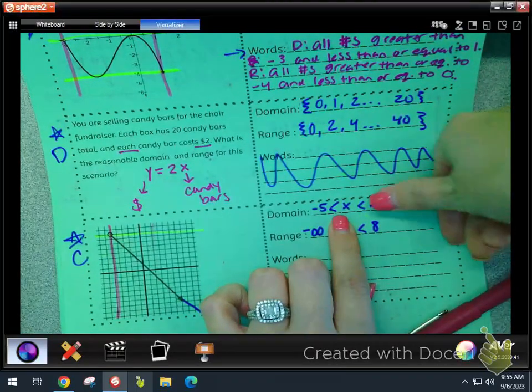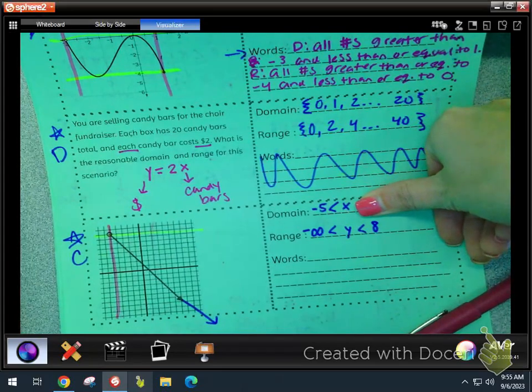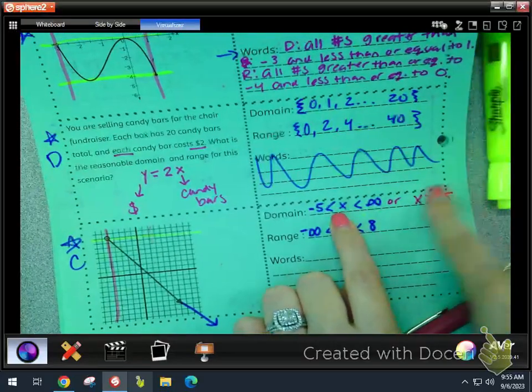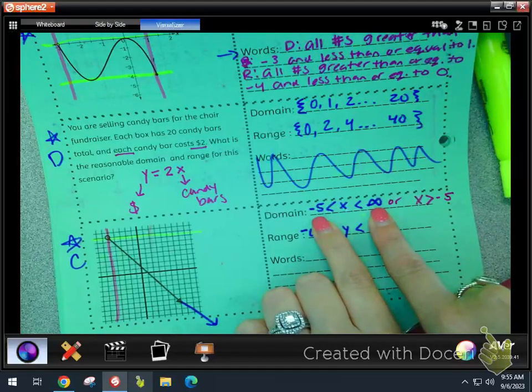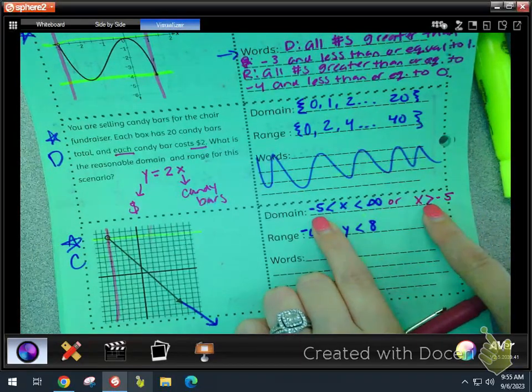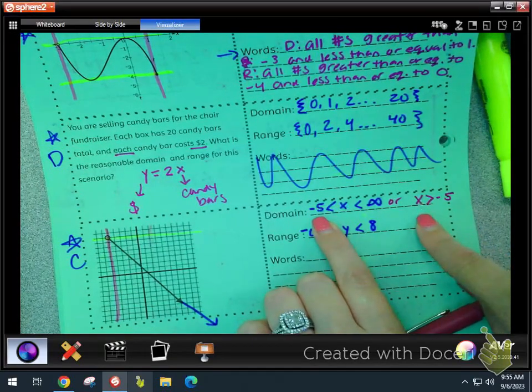Because basically, I can cut this little less than infinity off, and I can read it as, oh, I can have any x's that are just bigger than -5, because it just goes from -5 forever. So this is kind of a shorthand. Again, if you put the blue one on your test, you're going to get full points. But there is a case with infinities and negative infinities that you can write it a shorthand way, and that would involve a greater than.